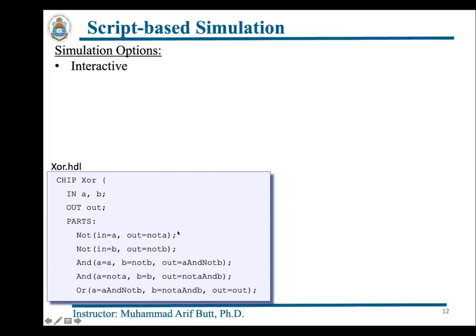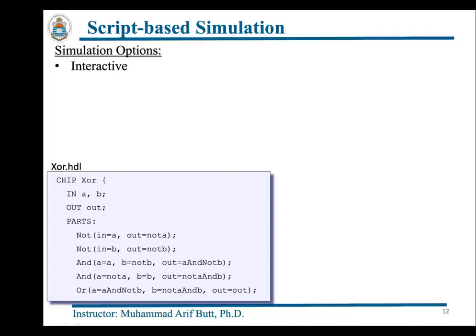After loading this chip, we give the 4 different input combinations to the 2 input pins A and B, and we verify the output by checking the value of the output pin, namely out. Well, dear students, in case there are more input pins, and thus more possible input combinations, it might become cumbersome to verify the chip logic in the hardware simulator while doing the interactive simulation.